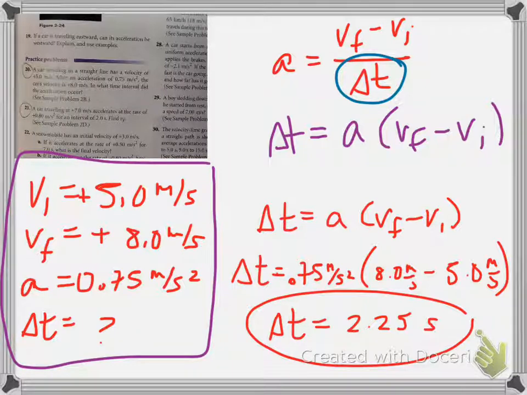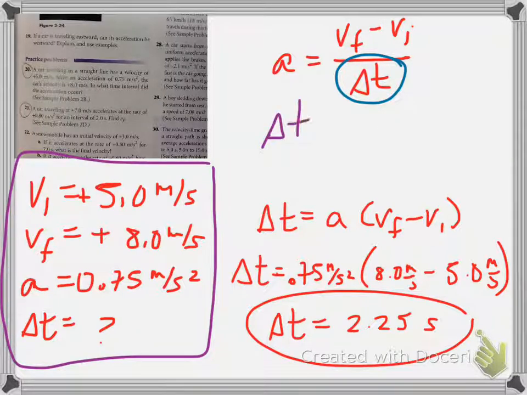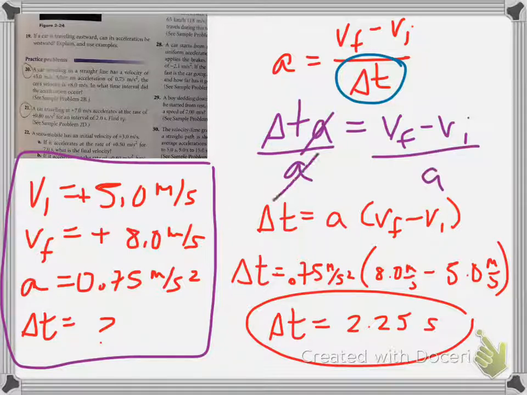Let me get rid of this. Oh, it looks like that. When you're solving for something that's being multiplied, would you divide both sides by the A? Yes, I would. Okay. Yeah, you were on to me. You were completely on to me.